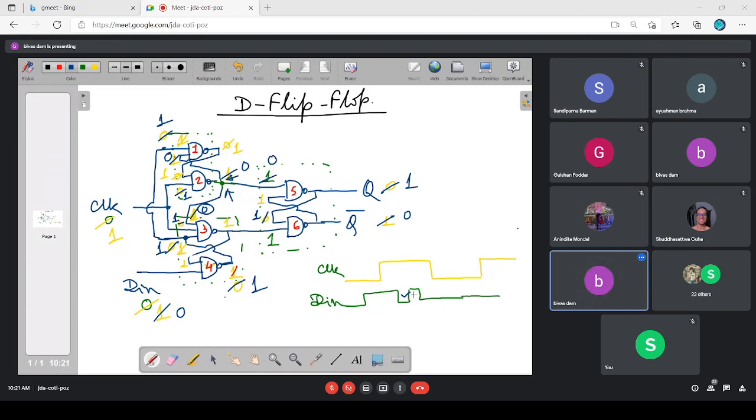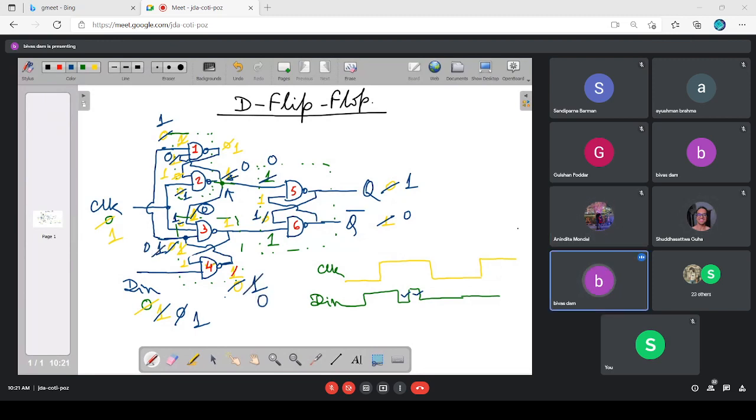Now here, input once again goes to 0. Oh, sorry, 1. So what will be the changes? Sir, for NAND latch 4, it will be 0.